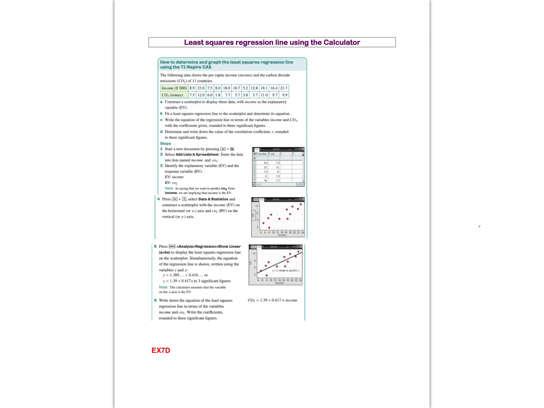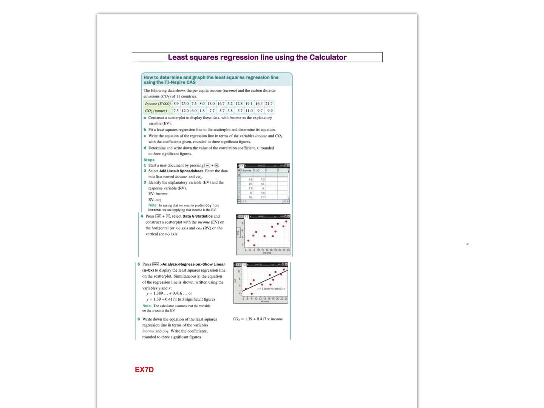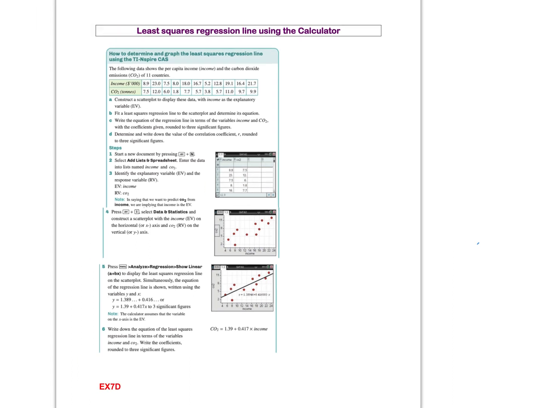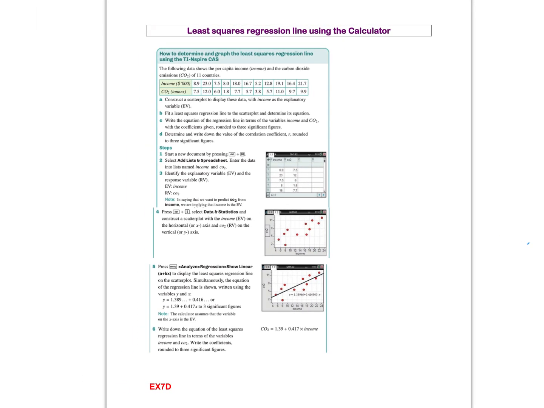All right, so there is another way of getting those A and B values, and that's when we're given the 2 lists. We've already been doing this on our calculator. It says the following data shows per capita income and the carbon dioxide emissions for 11 countries.